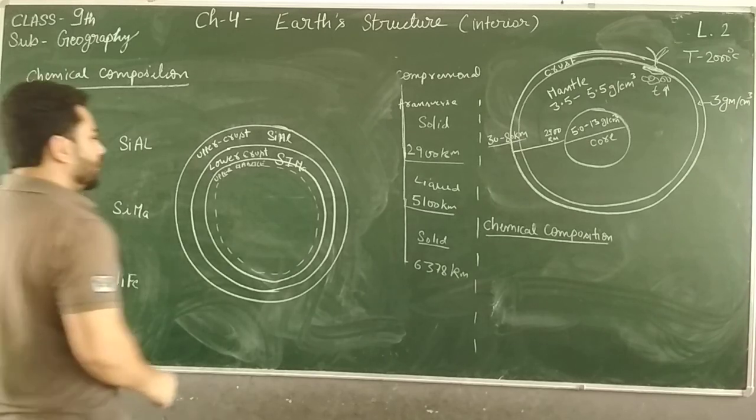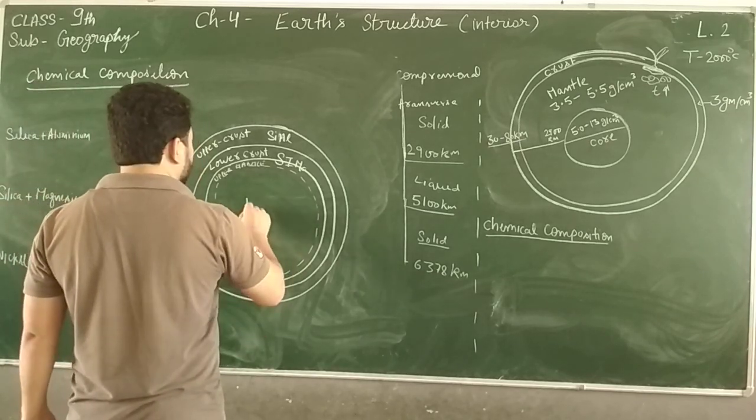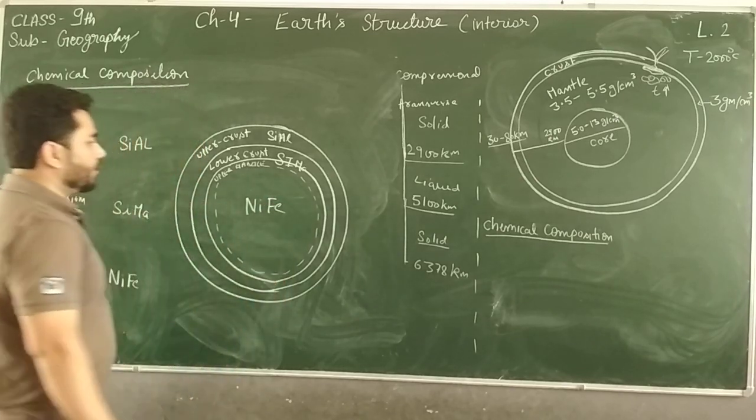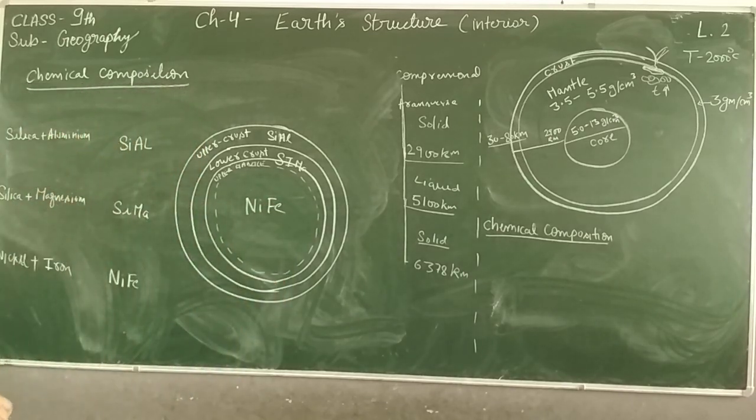And then the center of the earth is composed of nife, nickel and iron. So these elements are found inside the earth.